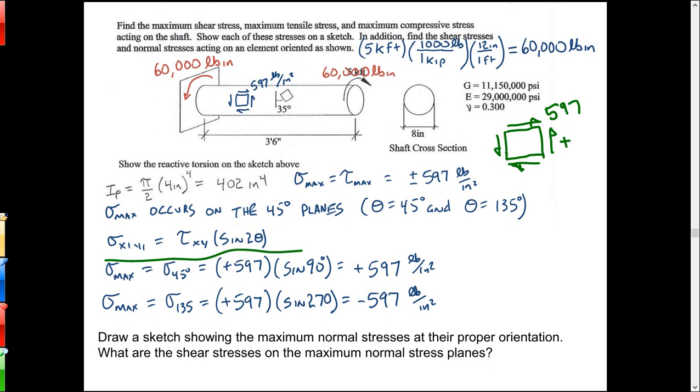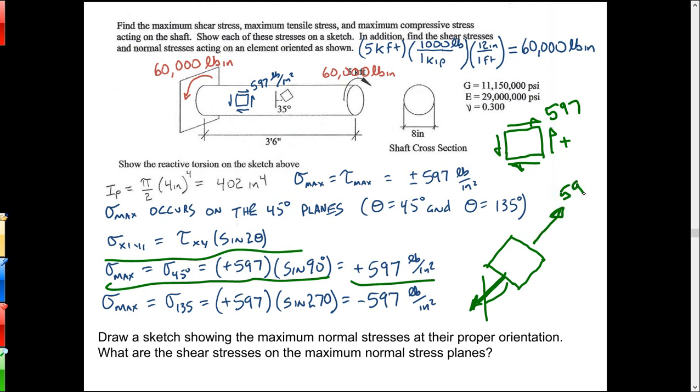So you put positive 597 in for tau xy. If you plug 45 in there, 2 times 45 is 90. So plus 597 times sine 90 is plus 597. As I was able to do visually, on the 45-degree plane I've got a positive 597, and I've also got one going that way.